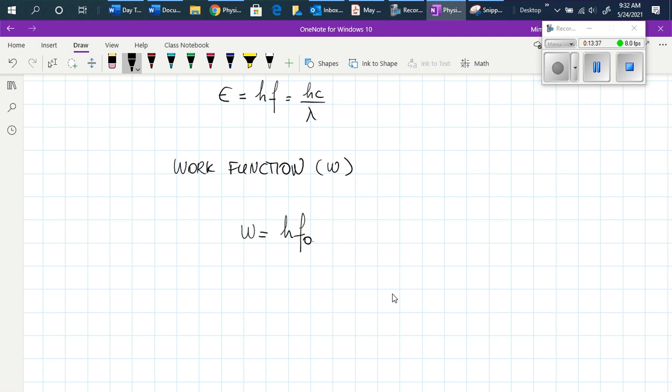Also, with Einstein's model, we were able to explain the increase in kinetic energy of the electrons as you increase the frequency. If the frequency is greater than that minimum energy, the work function, to remove the electron from the original structure and overcome the binding energy that the electrons have, any excess will go into kinetic energy of the electron.